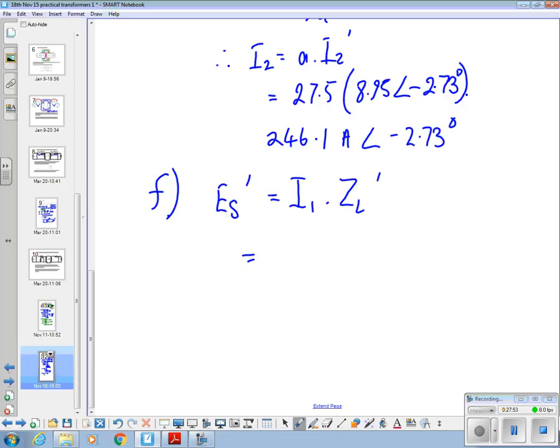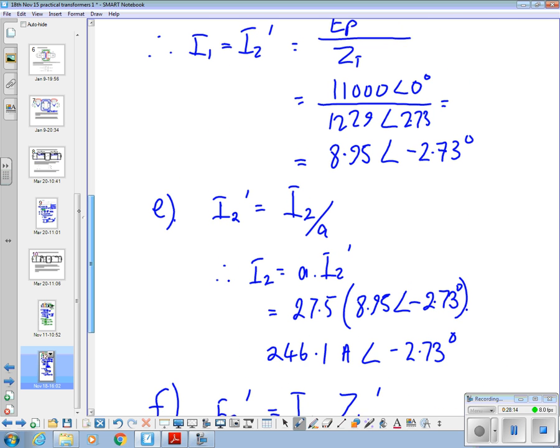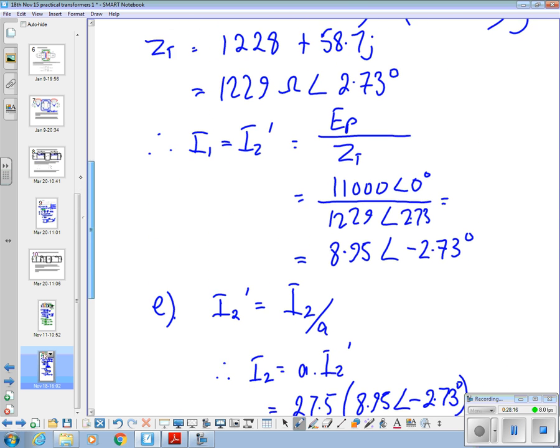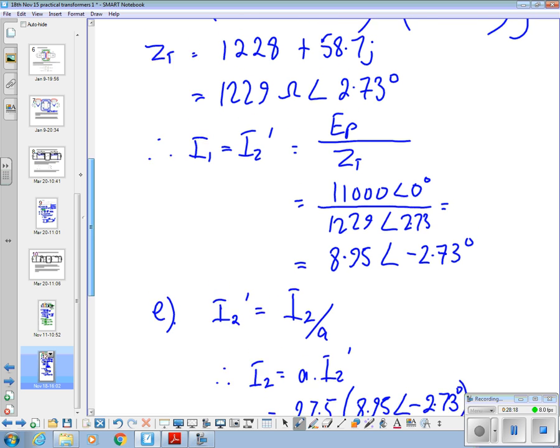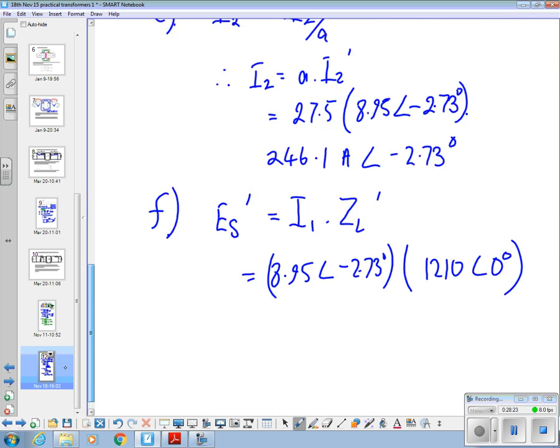So that must be 8.95 angle minus 2.73 times 1210 angle 0 degrees, to be complete. ZL dash is 1210, yeah.